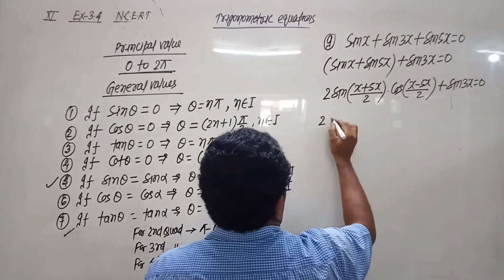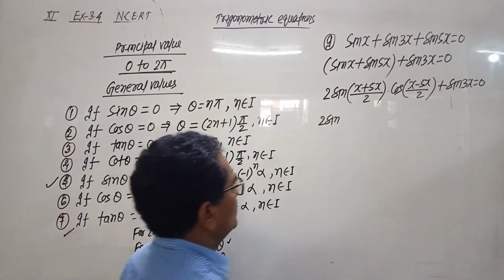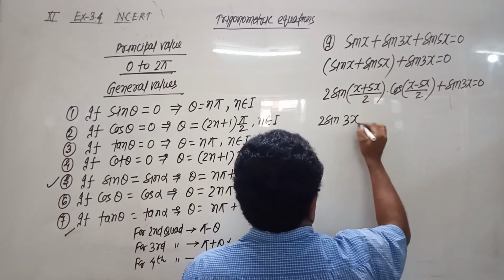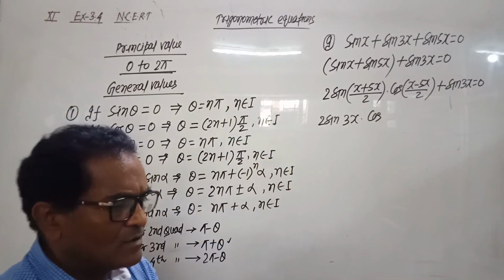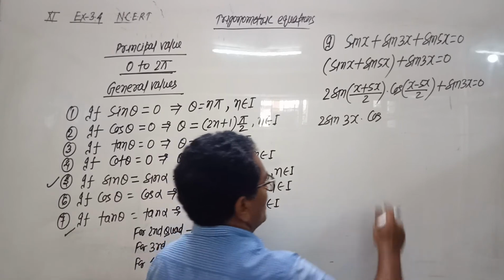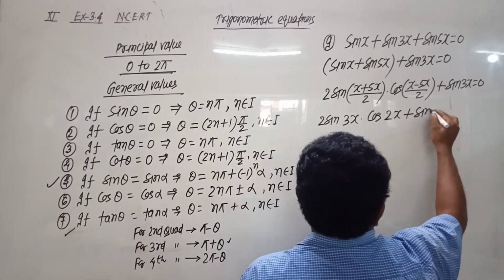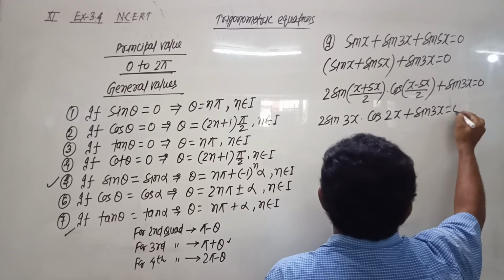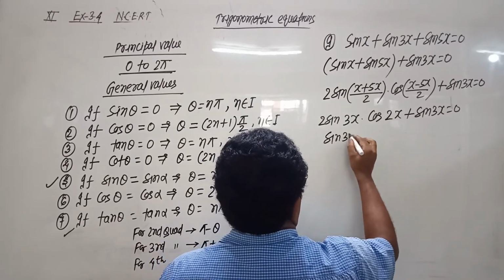So from here we get 2 sin of (x plus 5x) by 2, that is 6x by 2 meaning 3x, into cos of (x minus 5x) by 2, that is minus 4x by 2, minus 2x, and cos of minus theta is cos theta, plus sin 3x equals 0. From these two expressions we get sin 3x as common.